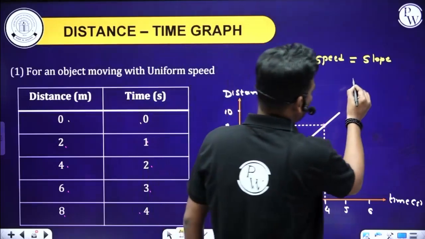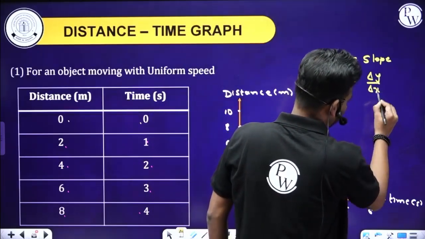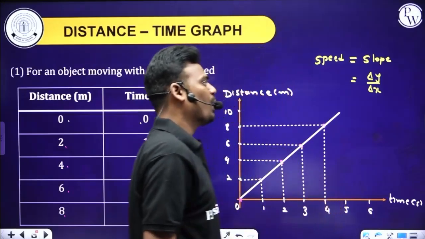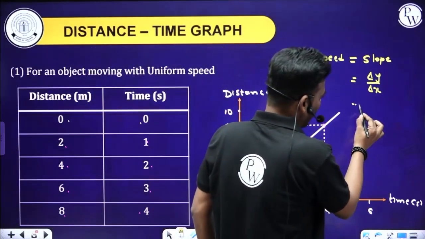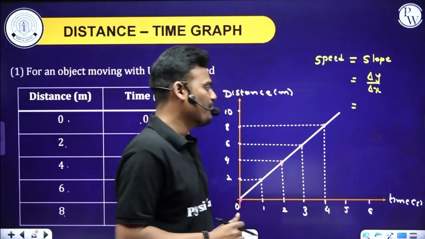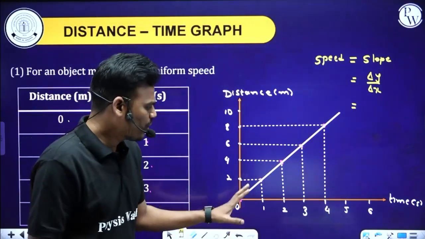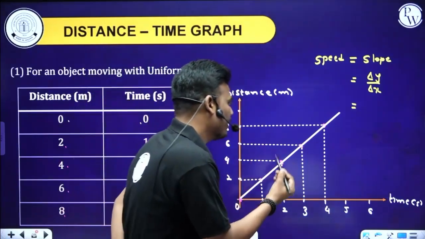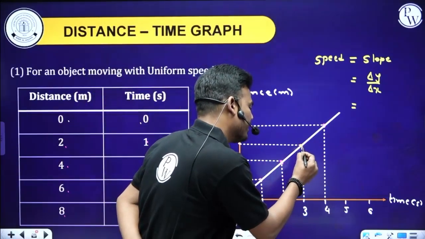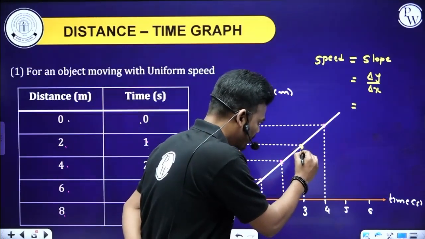In mathematics we have learned slope is the change in y-axis divided by the change in x-axis. In the same way, the change in y-axis divided by the change in x-axis. For example, at a particular instant of time, it's up to you, you can consider any time interval. I want to calculate what is the speed of the object at 3 seconds. So what is the speed at this point?